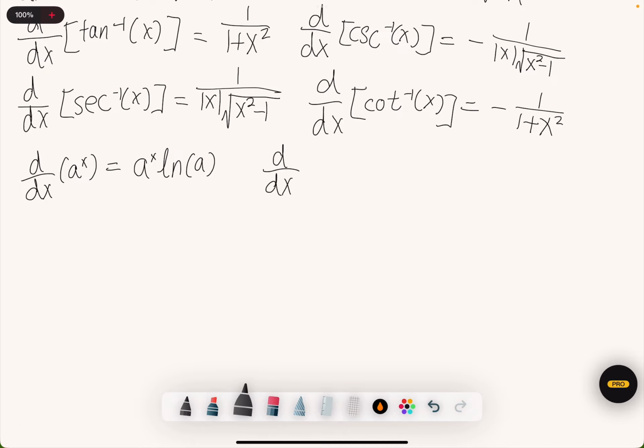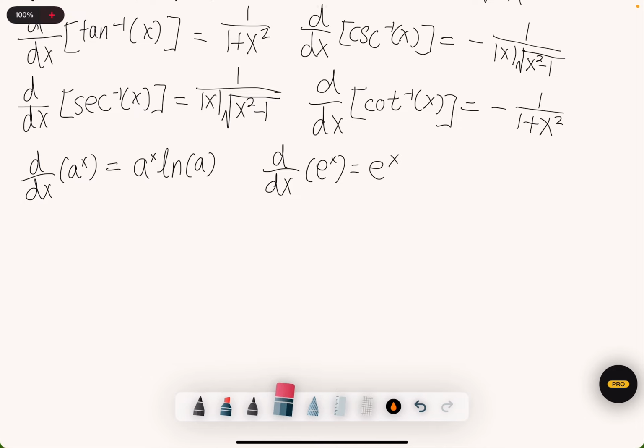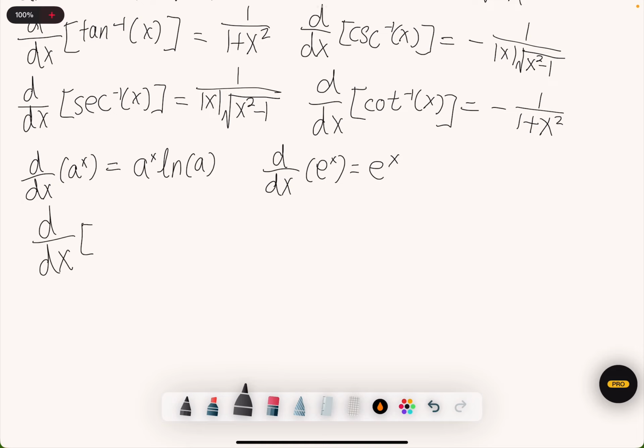Now the derivative of e to the power of x is still e to the power of x. And the derivative of the natural log of x is 1 over x, and this is specifically for when x is larger than 0.